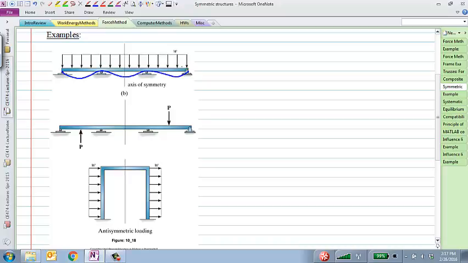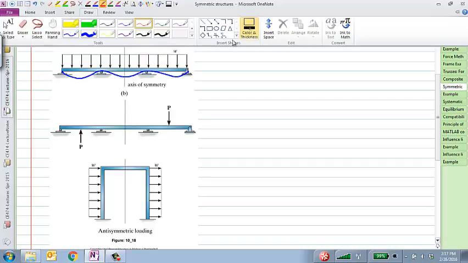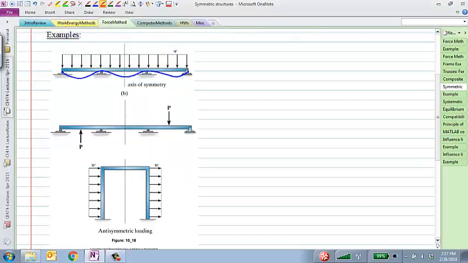If this is the deflected shape, then clearly I can draw half of the structure. If I pick this half of the structure and solve that half, it'll be a lesser number of unknowns to solve for, which I can do by solving this problem.